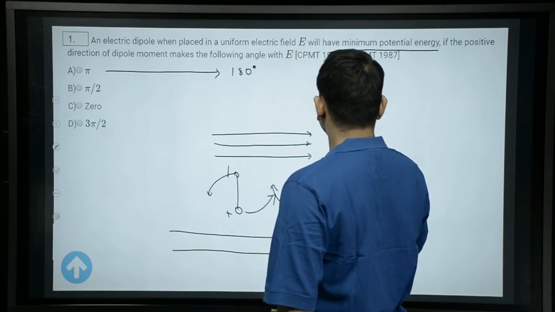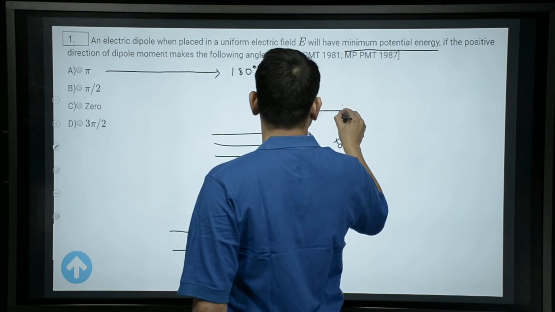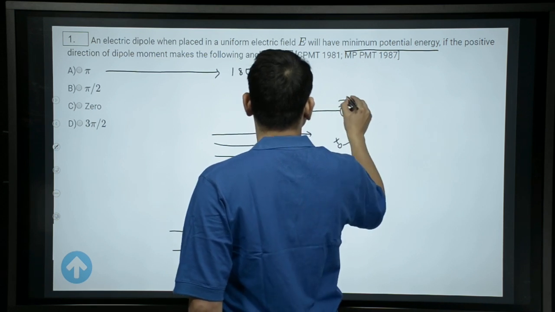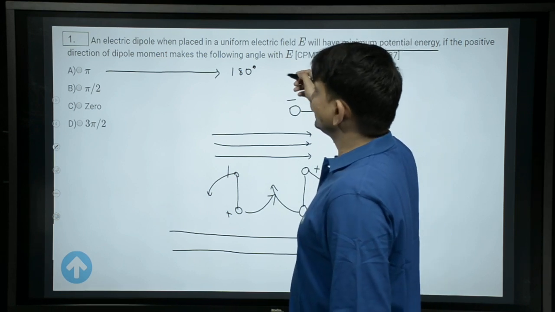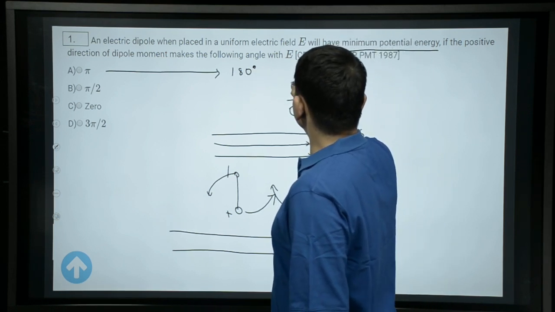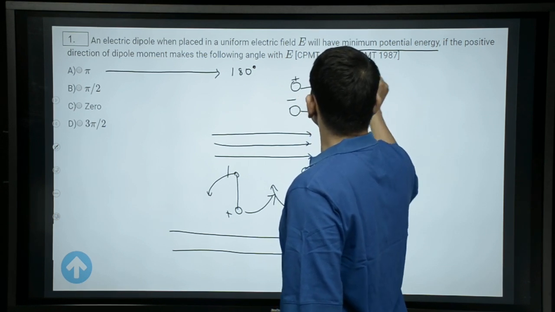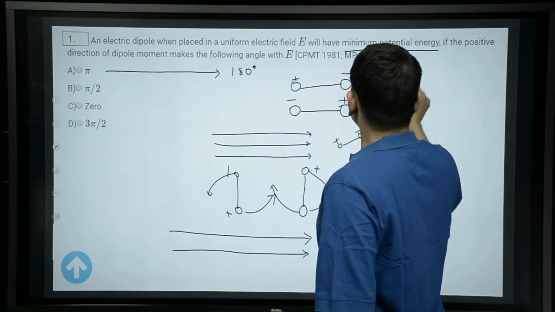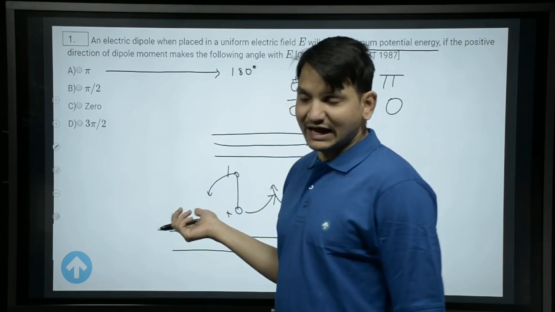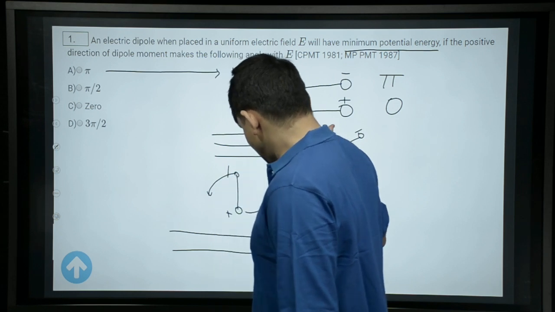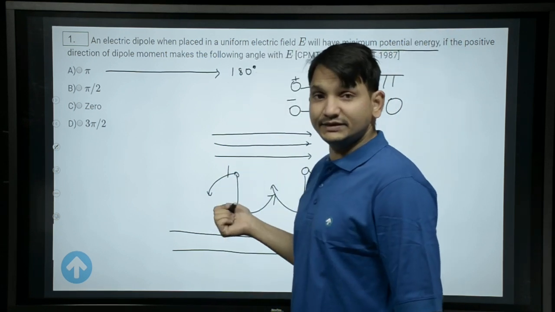So if for any 0 degrees, it would be something like this. And if we are considering 180 degrees, it would be something like this. Means this one is for pi and this one is for 0. So which would have the least electrostatic potential energy here?